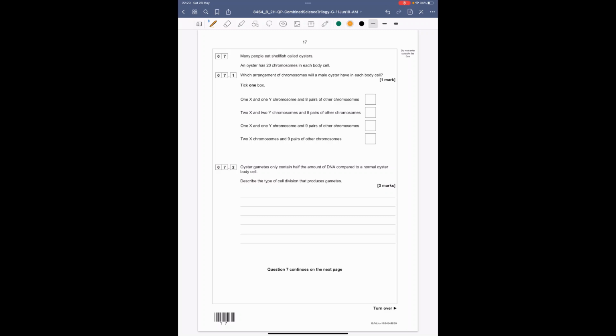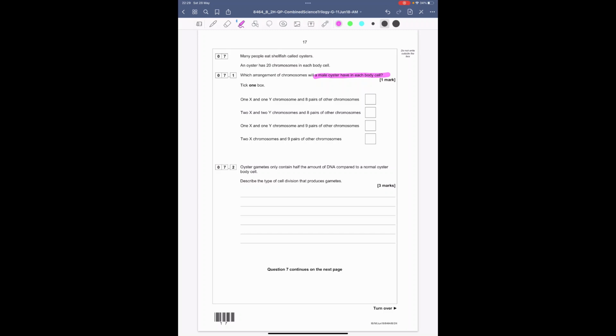Question number 7 then. Many people eat shellfish called oysters. An oyster has 20 chromosomes in each body cell. Which arrangement of chromosomes will a male oyster have in each body cell? Now this is a classic situation of where they put standard biological knowledge in a really weird context. So although they're talking about oysters, it will relate to genetic inheritance and gender that you would learn in terms of humans.